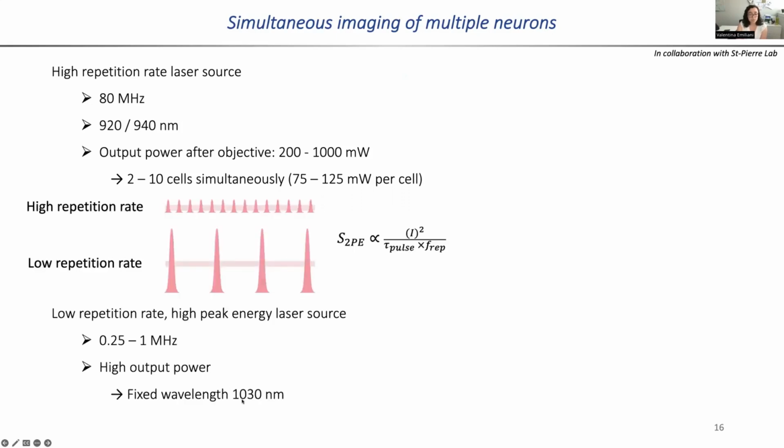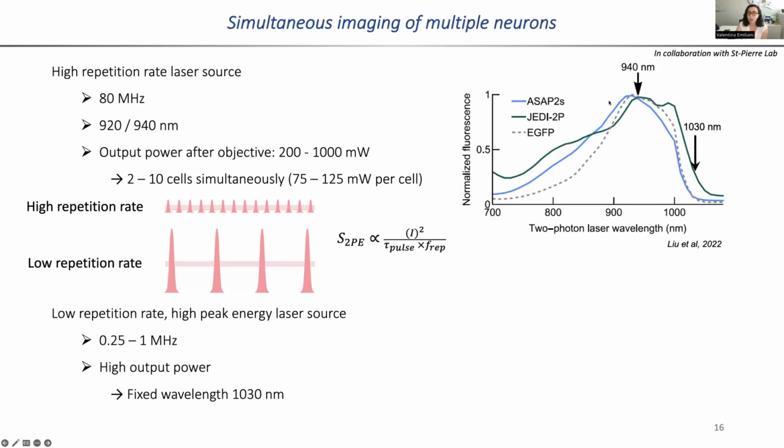But most of the commercially available sources are fixed at 1030 nanometers, and this indicator has a peak at 940 nanometers. But as we can see here on the action spectrum of the indicator, at 1030 it looks like there is still a third of the action of the Jedi. So we wanted to check if at this wavelength we would also be able to record activity.